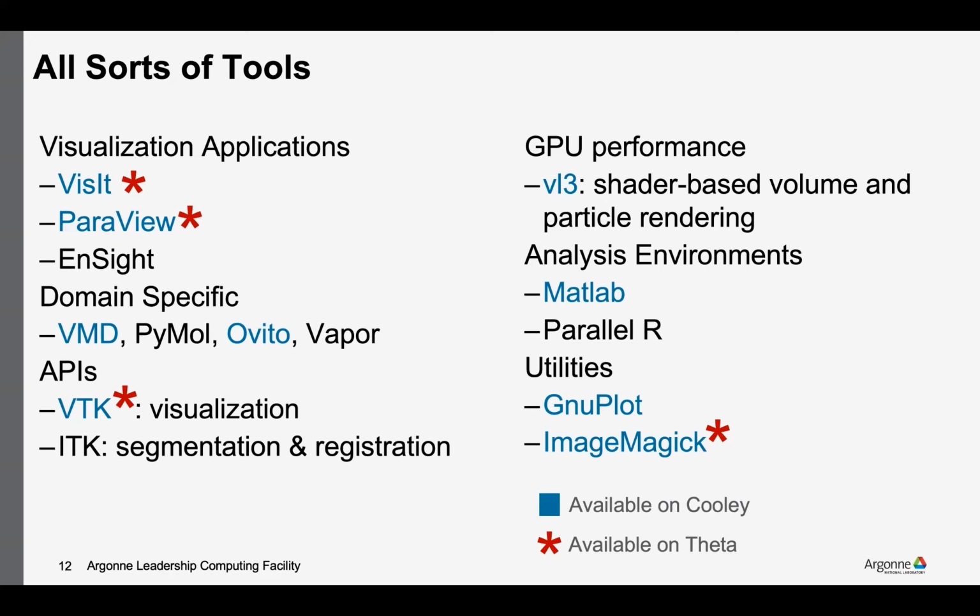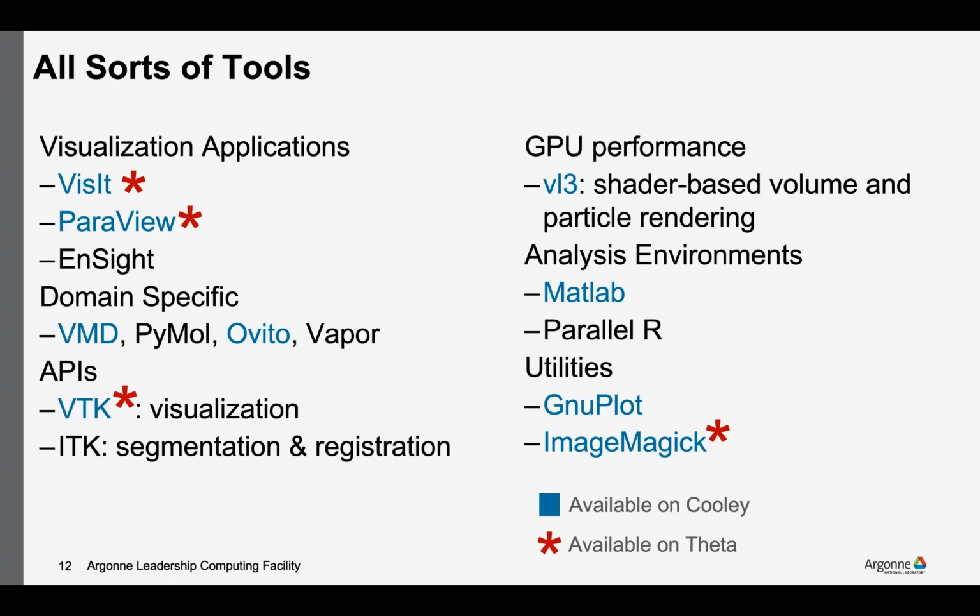So VisIt and ParaView and Ensight are some of the standard in the field. Well, I should say, VisIt and ParaView are open source. Ensight is a commercial product, but these are general purpose applications. I'll talk a little bit more about those in a second.